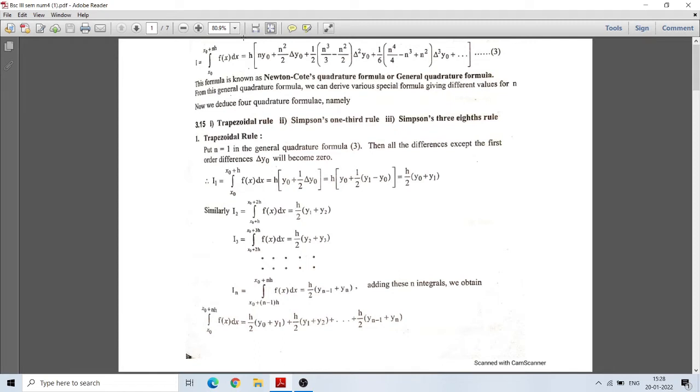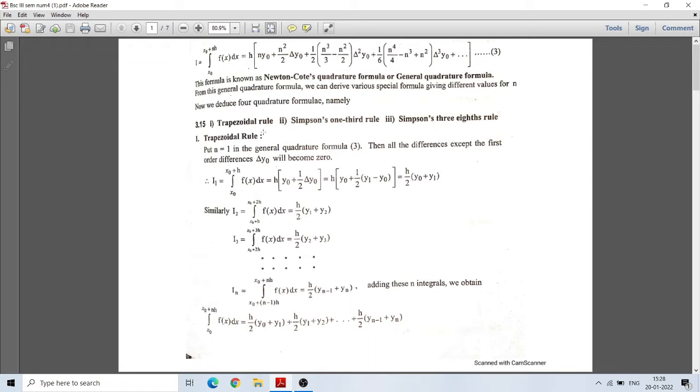So first, let us take the trapezoidal rule. For the trapezoidal rule, put n is equal to 1 in equation 3. Wherever n is there, put n is equal to 1. We get I1 is equal to the integral over the limit x naught to x naught plus h of f of x dx, since n is 1 and instead of nh we write the upper limit x naught plus h.